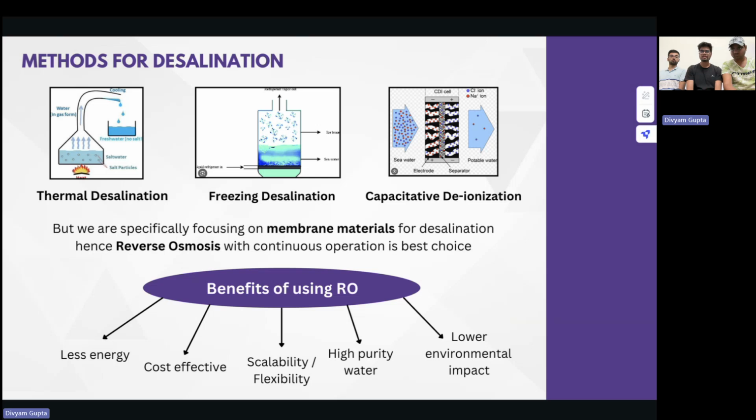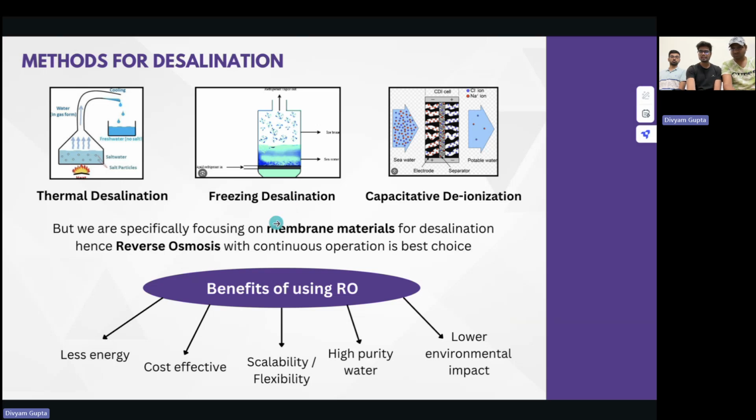In this, we cool the solution, due to which the salt crystals form an ice-type structure and can be separated out easily by using a filter. Then coming to capacitive deionization, in this we use electrodes and by a process of electrolysis, the salts deposit on the electrode and the clear water can be passed.